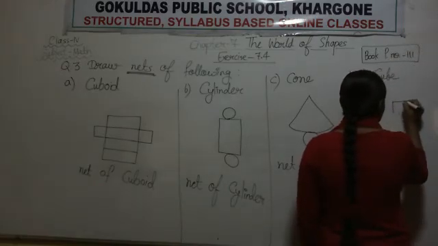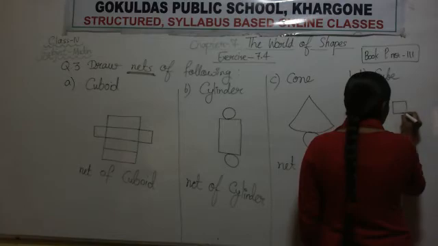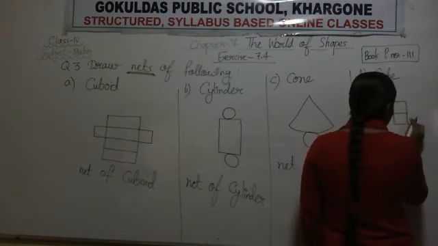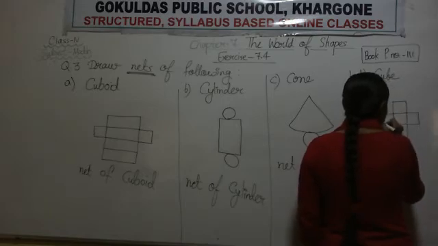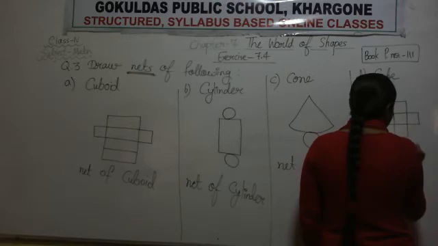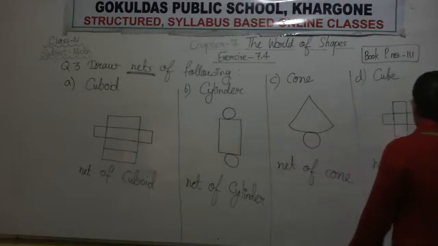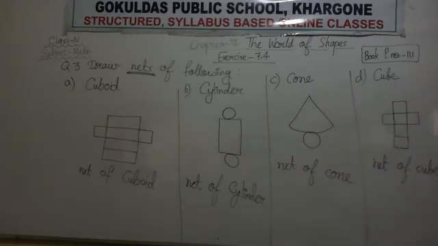When we cut it down and open it, it will look like this. So it is a net of cube. So question number 3 is completed here.